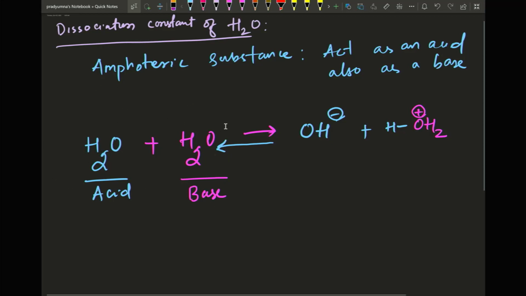In this case, our predominant side would be the left side. We're going to have very small reactions that give OH minus and H3O plus. So you don't have to write it like this, you can simply write H3O plus. Okay, we're going to use the pink color here.